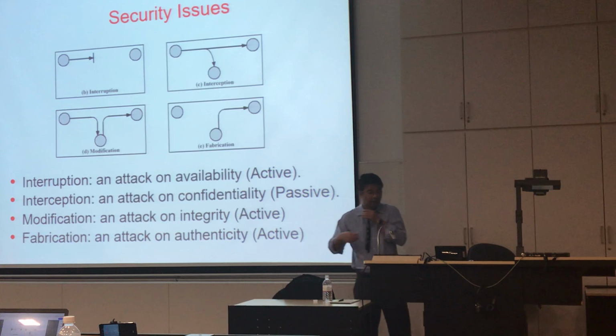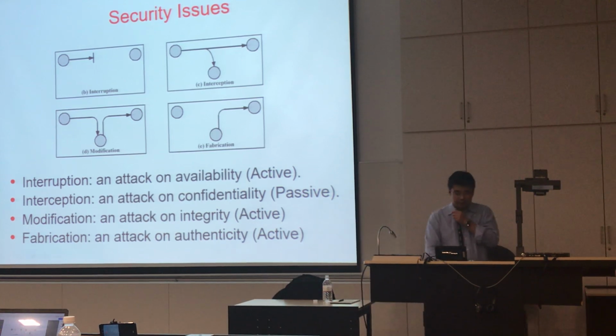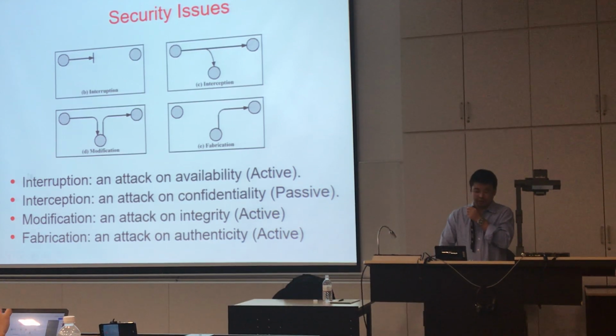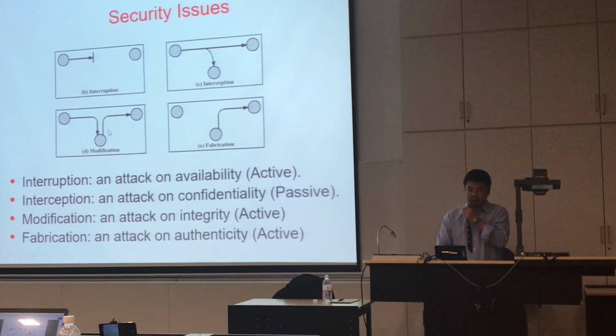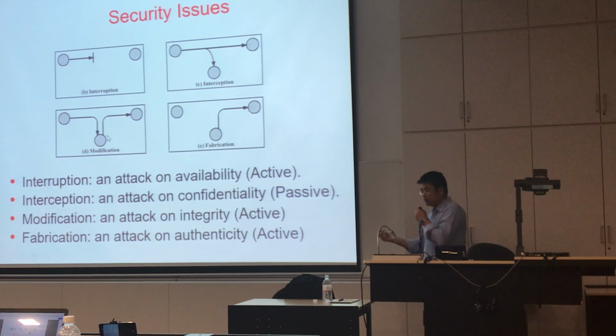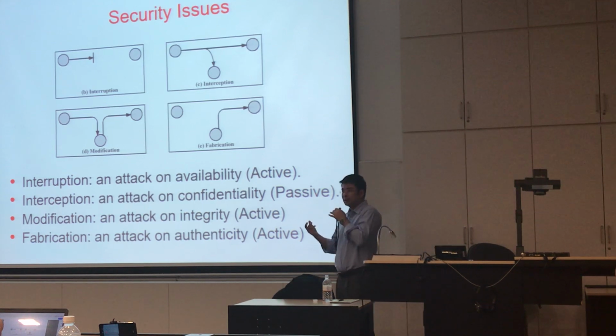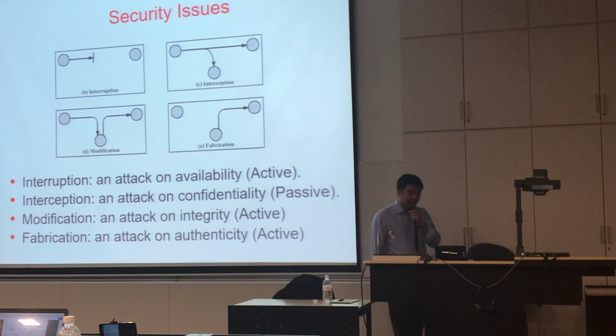This is against integrity. If you can achieve integrity, that means the attacker cannot modify the message and have the receiver accept it. If you modify the message, the receiver will detect it and reject this message. So this is related to integrity.